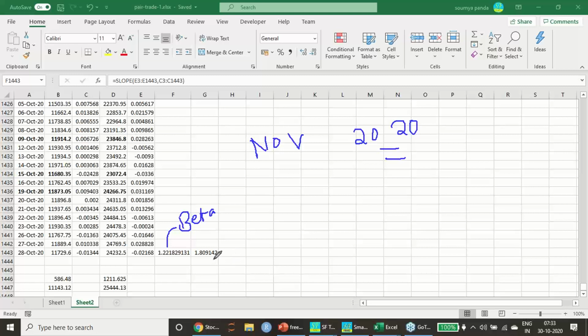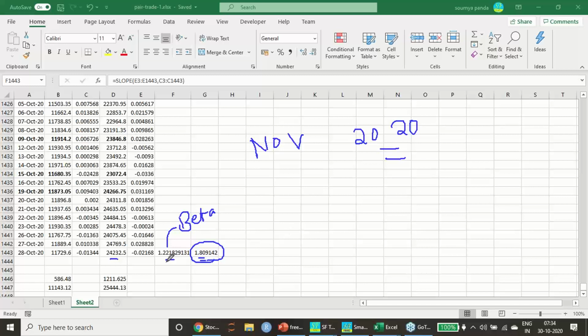In the same way, if I calculate the beta for the past 10 days, it is telling me 1.8. That means the price change we can expect in the Bank Nifty with respect to the Nifty, which I have documented here.